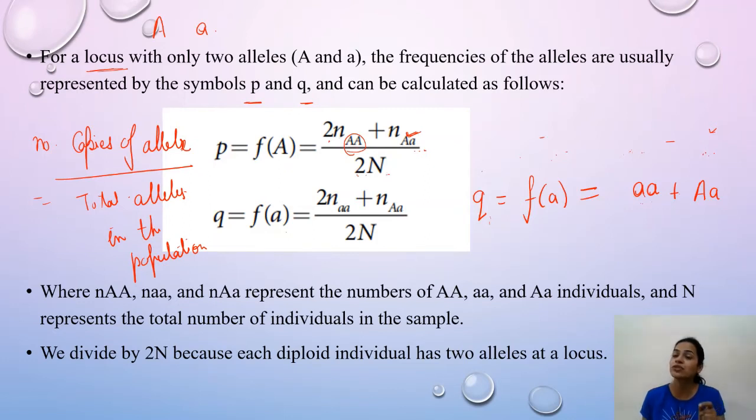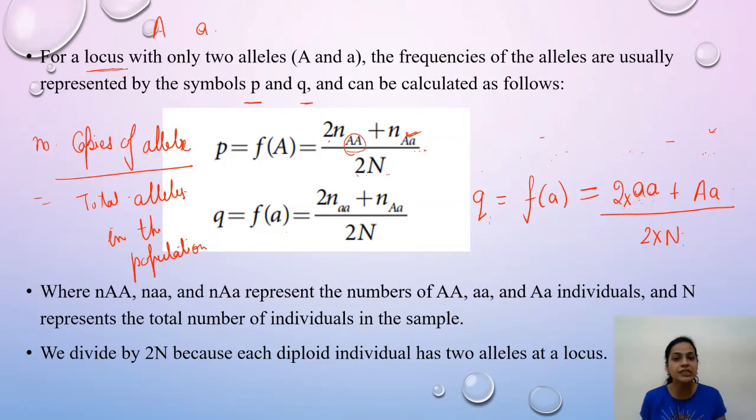Why? Because the heterozygous is also having one small allele. Fine. Then again we'll multiply the number of homozygous individuals by 2. Why? Because there are 2 small alleles in one individual. And again divide by the total number of alleles in the population, that is the number of individuals multiplied by 2.